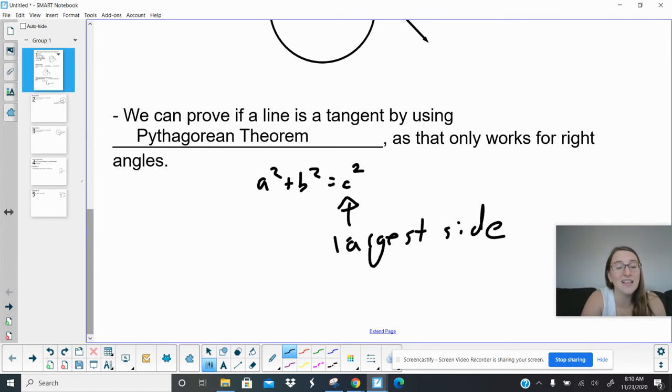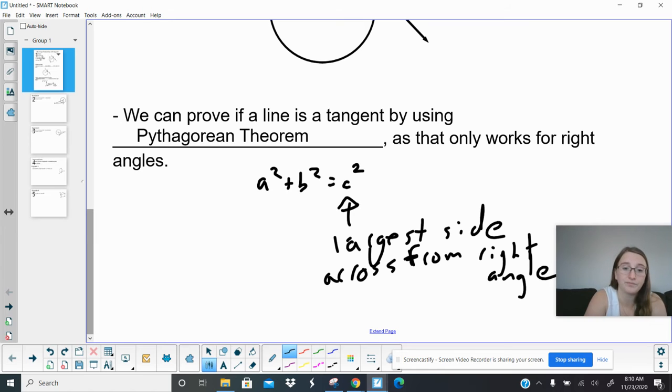But we can only tell if it's the largest side if we know all three sides. If we don't know all three sides, we don't know if it's the largest side. But it's also across from the right angle. Remember, it's the hypotenuse. Across from the right angle. If you want to also write hypotenuse down, you can. A and B are just the other two sides. C has to be the largest side across from the right angle.